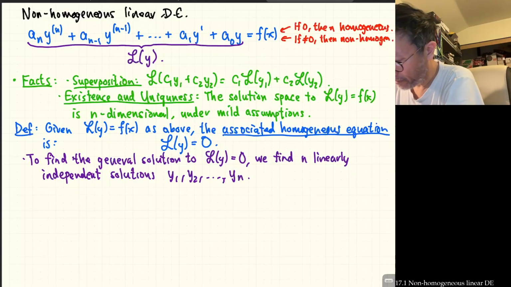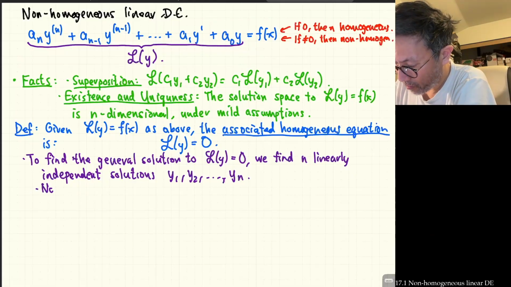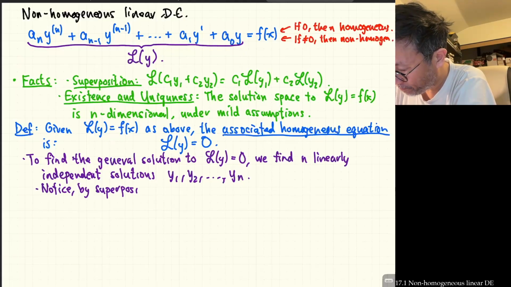Now notice that by superposition, we can make the following calculation.